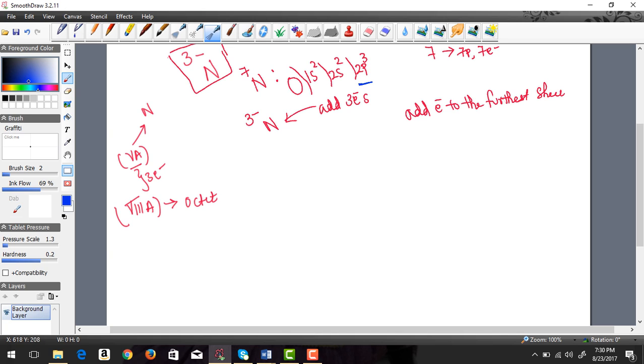Let me box this and add another statement in red and box that as well, because if you're going to do that homework problem, you would probably need both these statements. All right, so the p orbital, as I made clear in week 1, can hold 6 electrons.